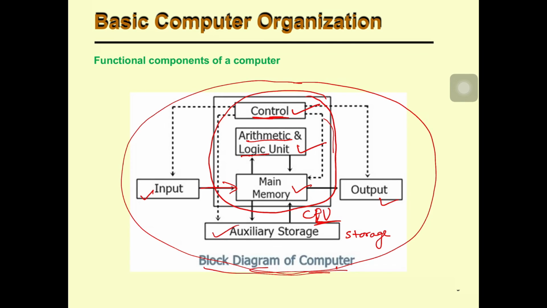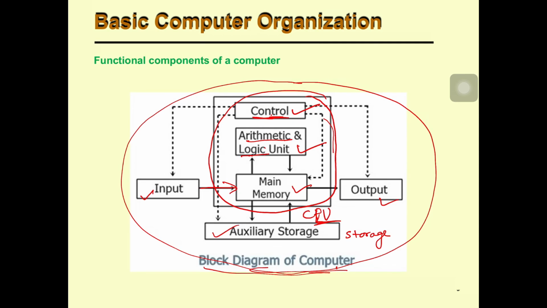Okay, so now the input is provided to the computer. It is present in the main memory, along with the input, instructions are also provided to the computer, which are also present in this. According to the instruction, control unit and arithmetic logic unit instruct the computer to perform the certain operations.